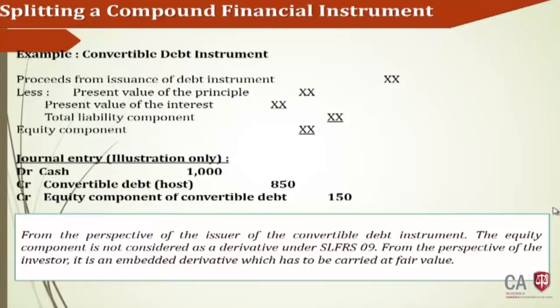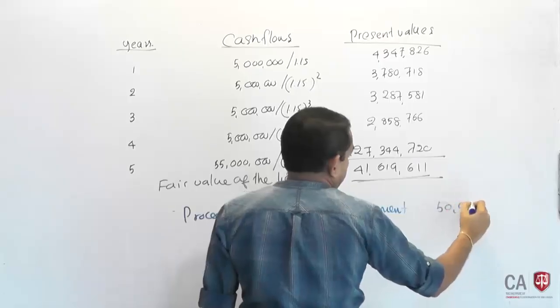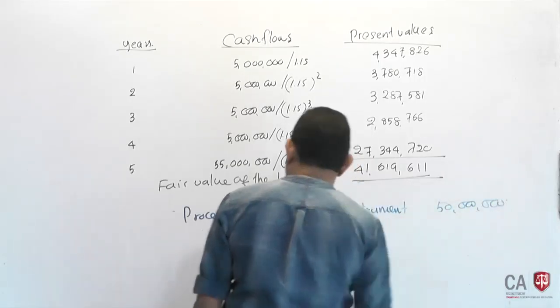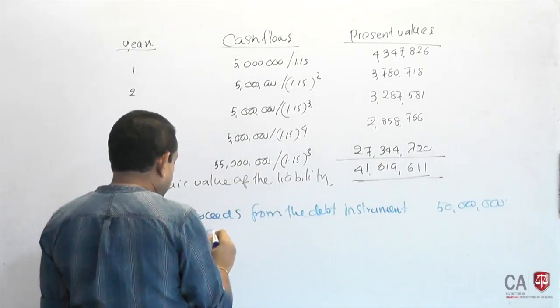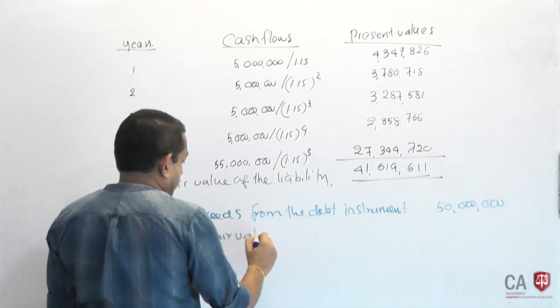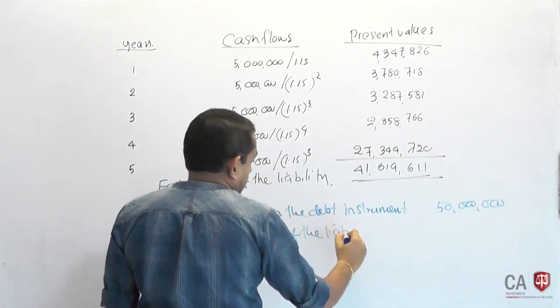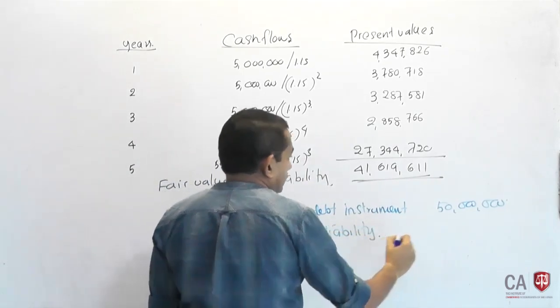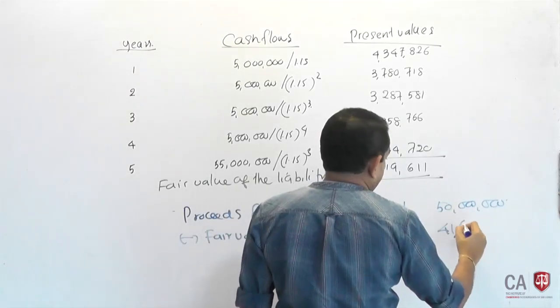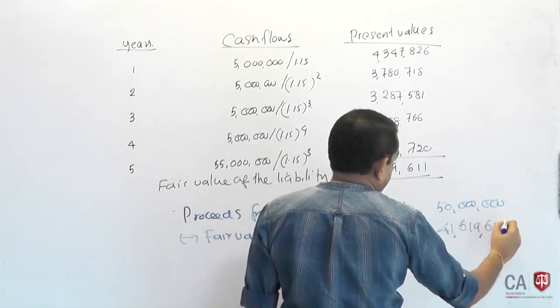Let us take proceeds from the debt instrument, 50 million, minus fair value of the liability, 41,619,611.